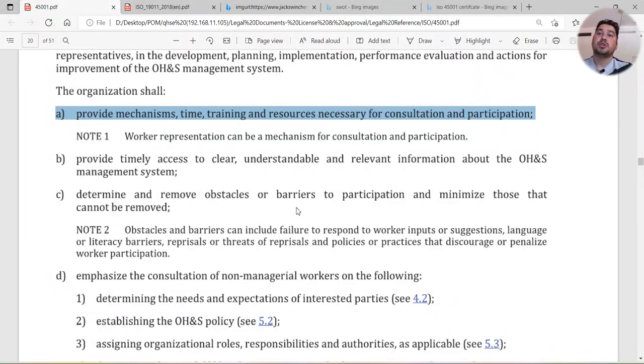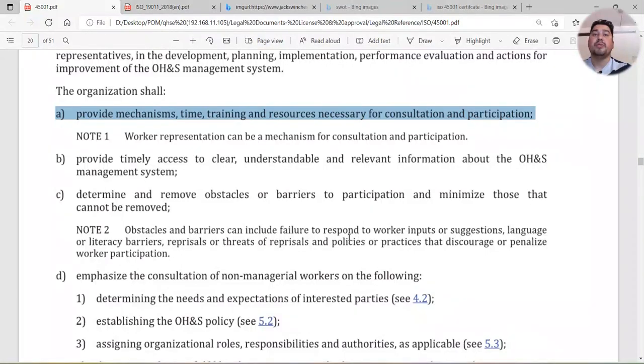Determine and remove obstacles or barriers to participation and minimize those that cannot be removed. If there is any obstacle that prevents the employee from participating in the consultation and participation, then those barriers should be removed.